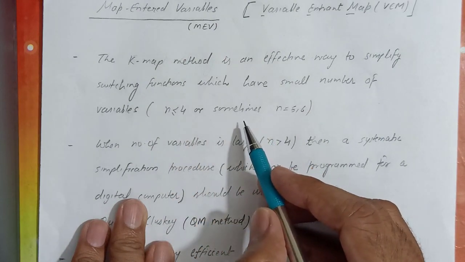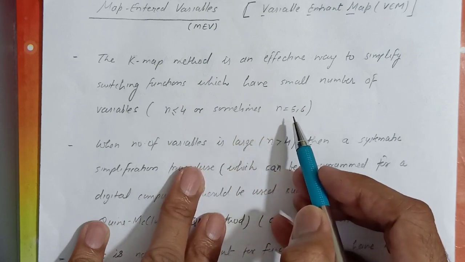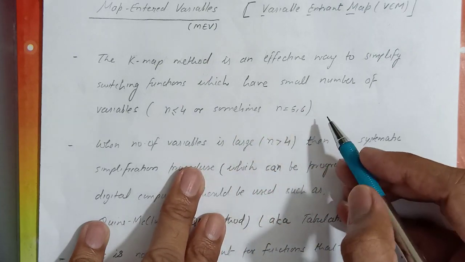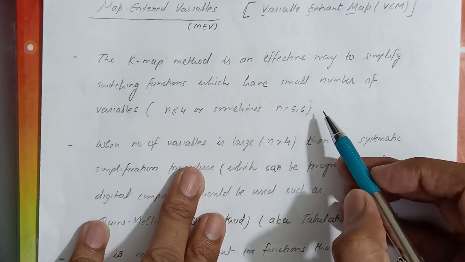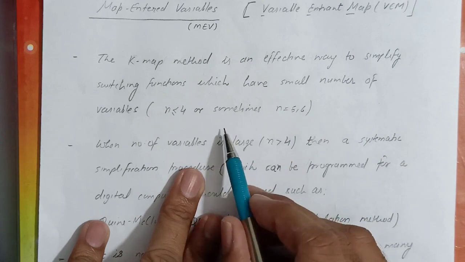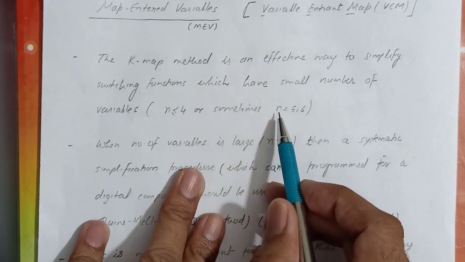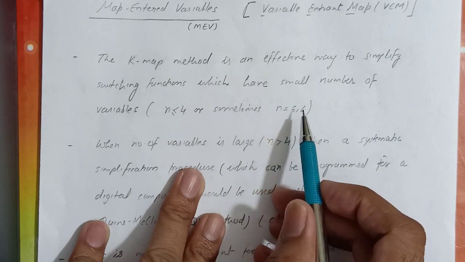But we can also draw the K-map when the number of variables is 5 or 6. For more than 6 variables, generally the K-map method is not suitable. So I will also discuss how to draw the K-map when the number of variables is 5 or 6.